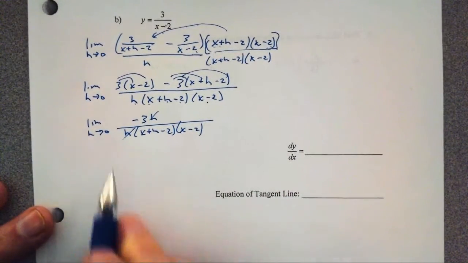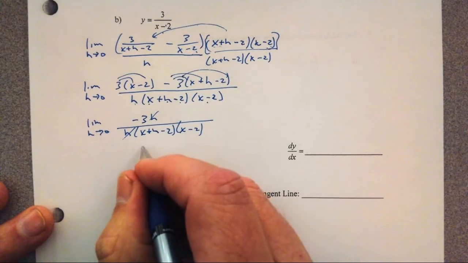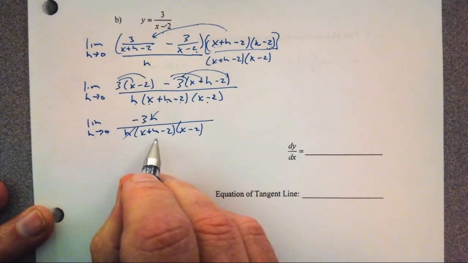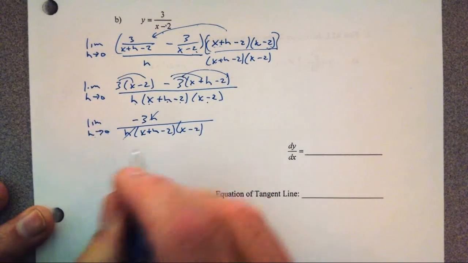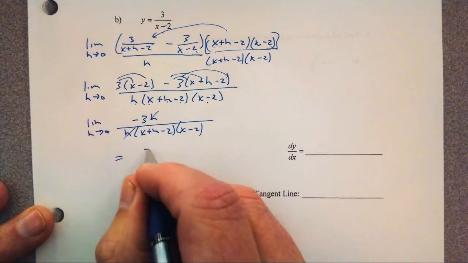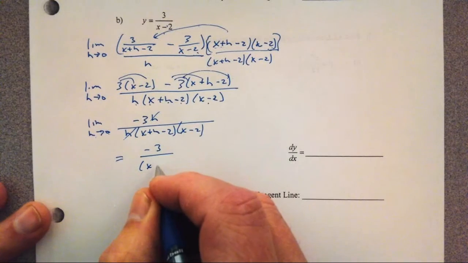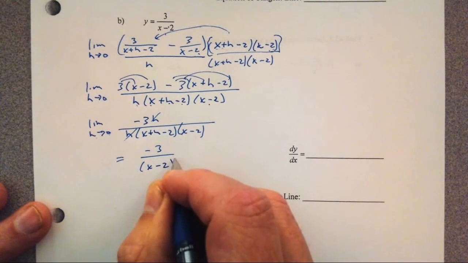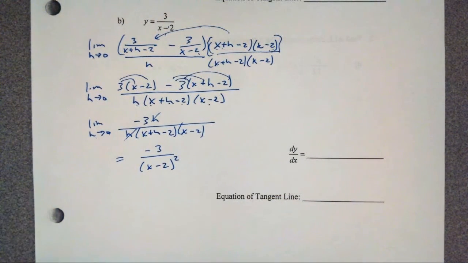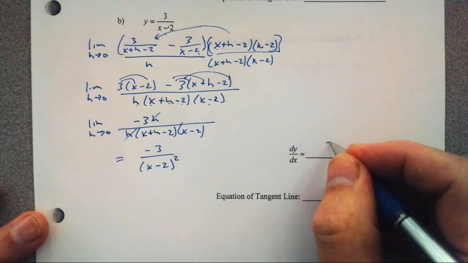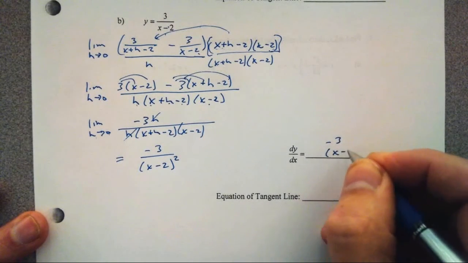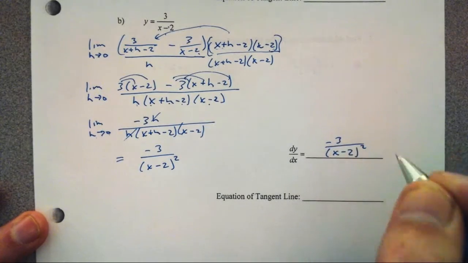And now I can direct substitute 0 in. Once I direct substitute 0 in, I'm done with the limit sign. This equals negative 3 on x minus 2 squared. So dy dx is negative 3 on x minus 2 squared.